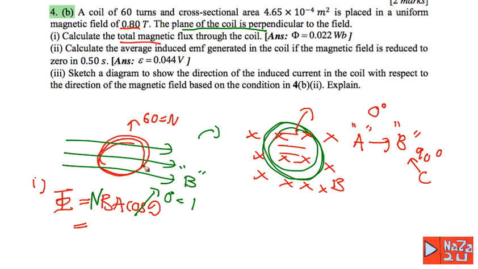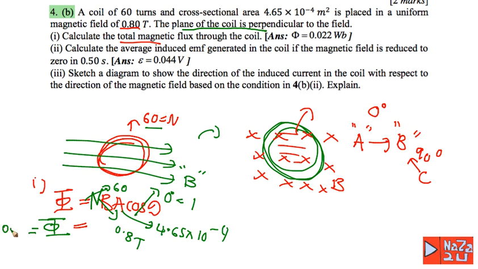So the number of turns is 60, B is 0.8 Tesla, and the cross-sectional area A is 4.65 times 10 to the minus 4. So you can find the value of the flux here is equal to 0.022 Weber, right? So this is the answer. You can use the calculator.